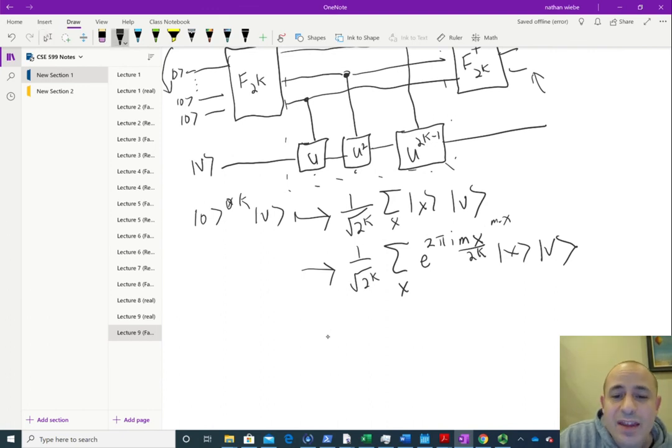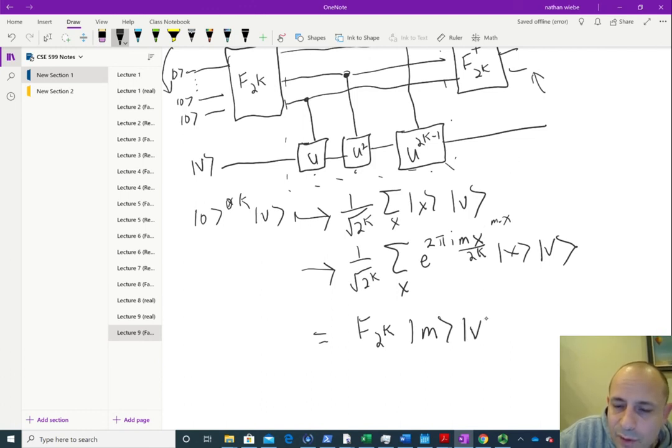Now I'm going to do the exact same trick that I always do with these things. This is equal to F_{2^k} acting on a state |m⟩ times |V⟩.